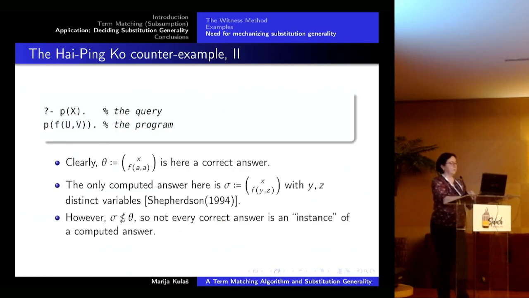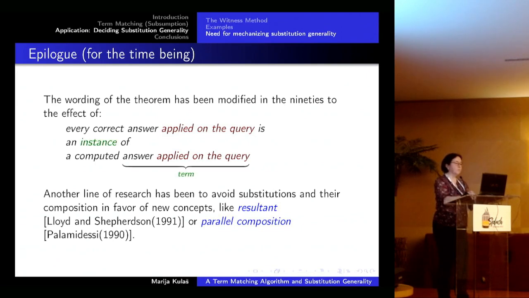The wording has been corrected, well, concerning Lloyd's textbook in 1993, there was a corrected printing on Springer Link. It's still there, this wording, but the correction went in the direction of using terms and not substitutions.